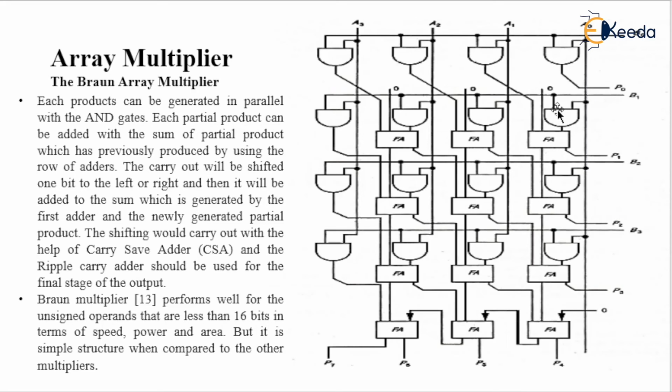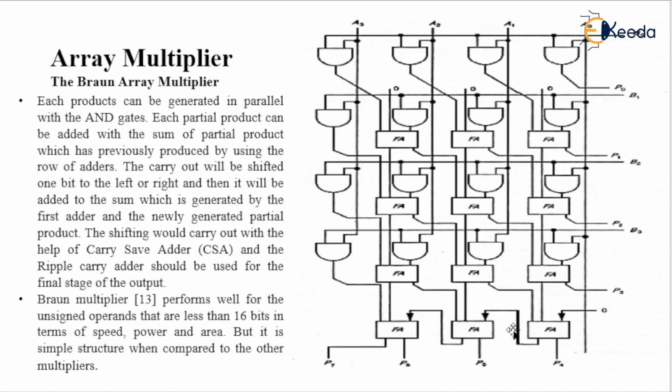In the initial level, the carry input is directly connected to 0. See carefully here, this is a carry input, this is a carry input, and this is a carry input. Initially I am going to give 0 to the carry input, and that carry is propagated to the next level of full adders, and the next level of full adders.